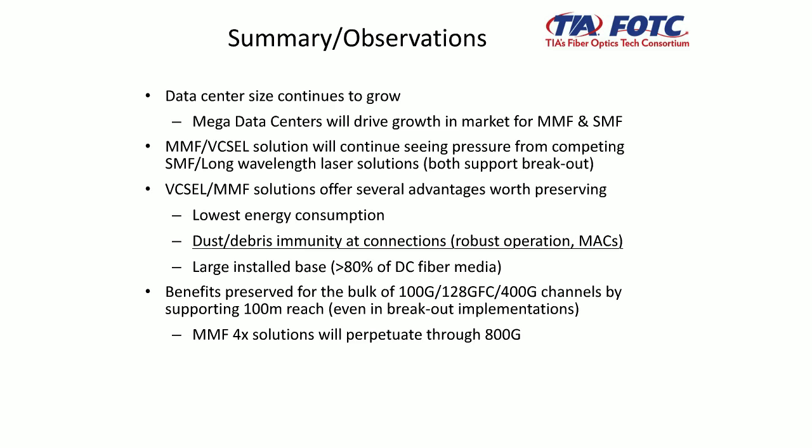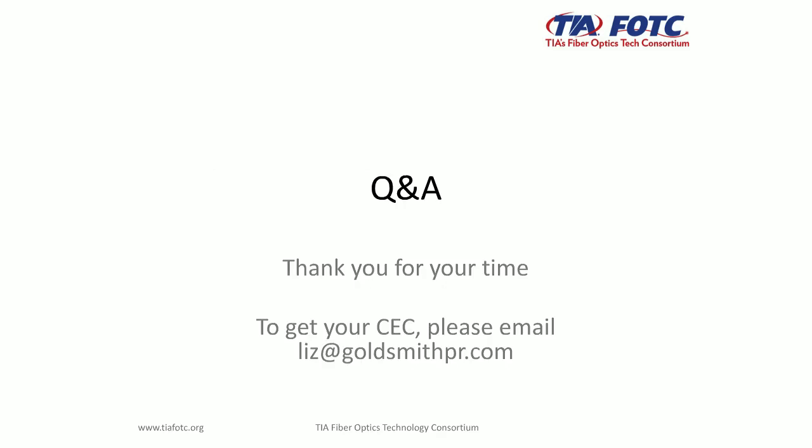So these multimode 4X solutions are going to perpetuate through 800 gig. I didn't talk about Fibre Channel, but they're going to perpetuate through Fibre Channel also, 512 gig and beyond. So 4 is a magic number. That's it.